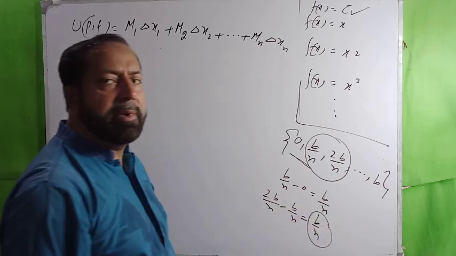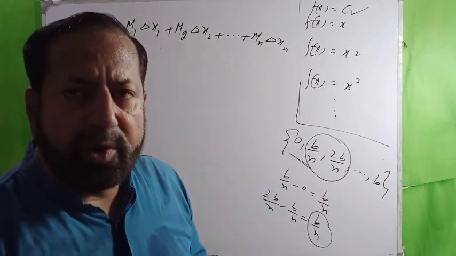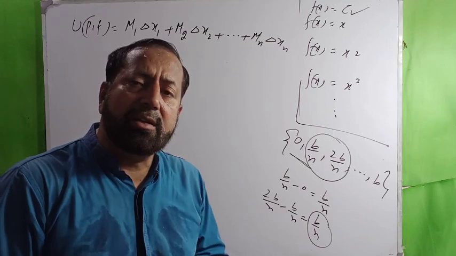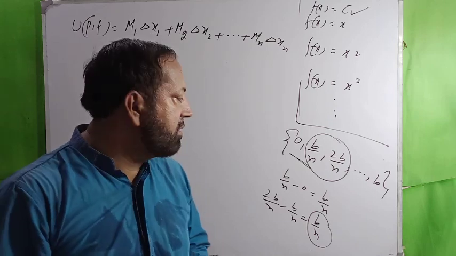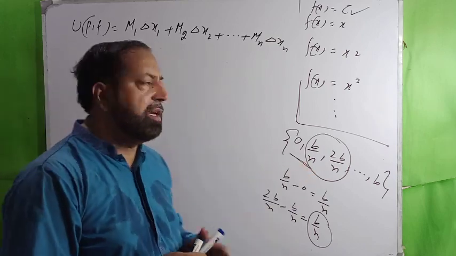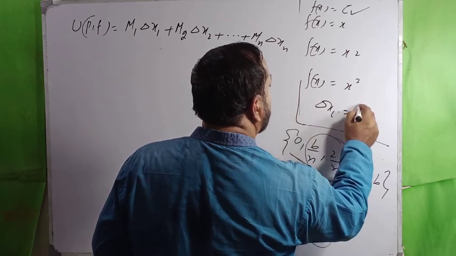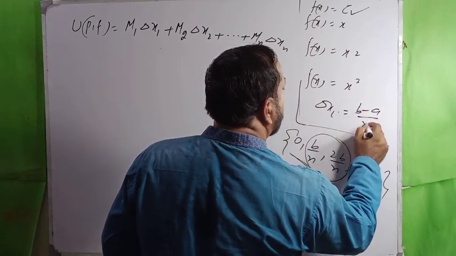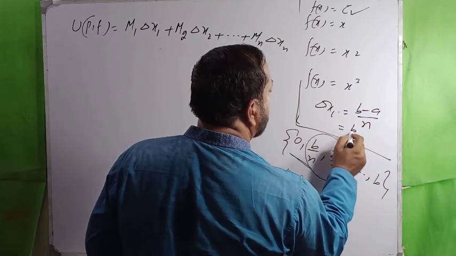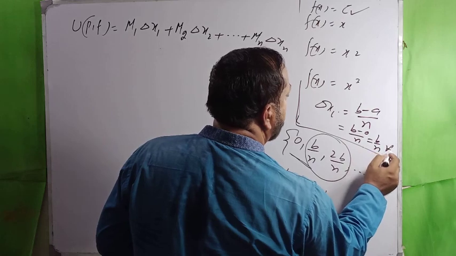So b by n is the constant distance between any two points, the constant length of all subintervals, because we have assumed delta xi is constant. We have assumed delta xi as (b minus a) by n, and your a was 0, so (b minus 0) by n, which is b by n for all i.